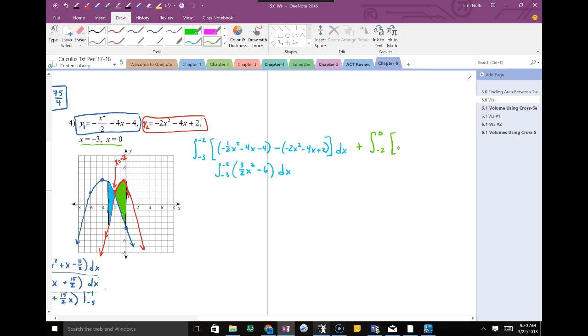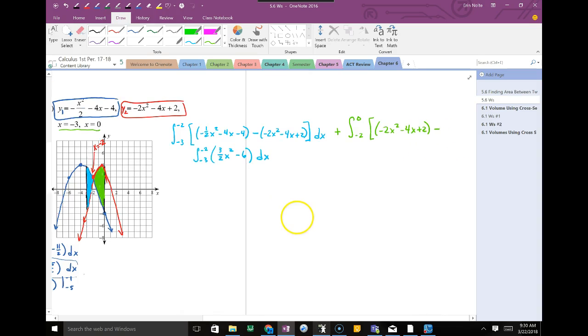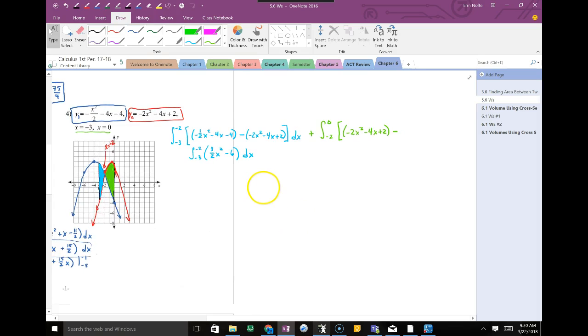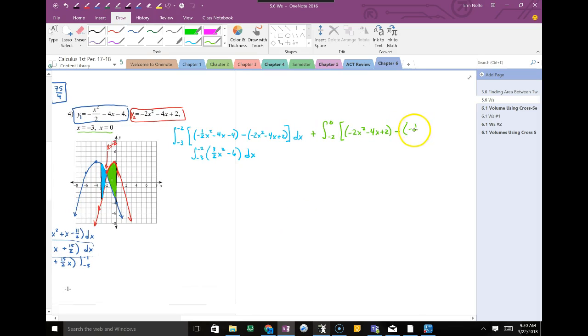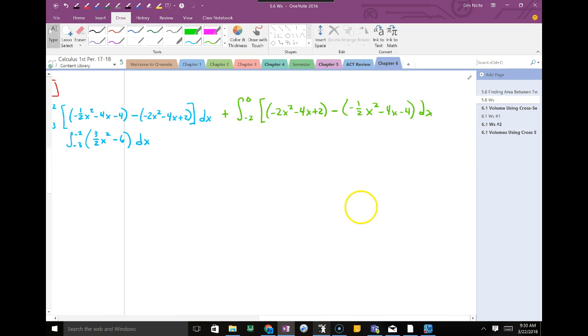So what is the top one of the green function? The red one, right? So the red equation goes -2x squared minus 4x plus 2. And we're going to subtract the blue one, -1/2 x squared minus 4x minus 4. Then we add our like terms, so this gets a little nicer.